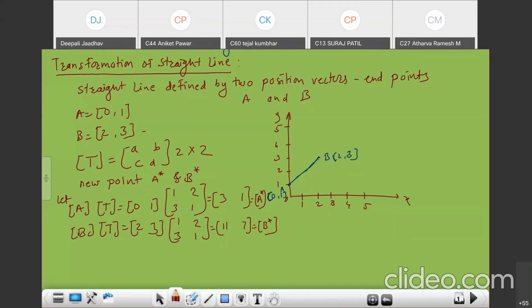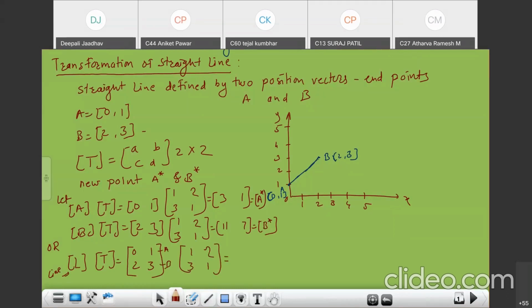Or the same you can write in a single way. L represents the line, and T the transformation matrix. We represent it like this: first row indicates A, second row indicates B, and multiply with the transformation matrix.